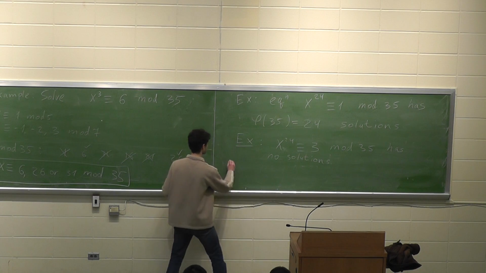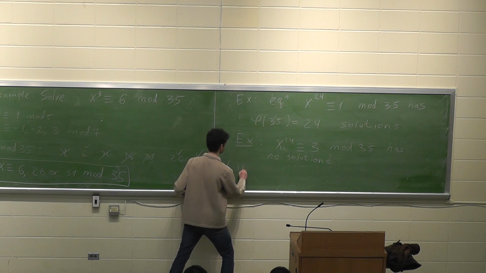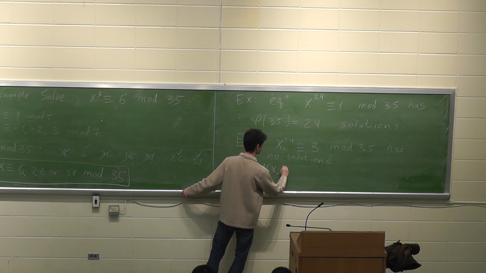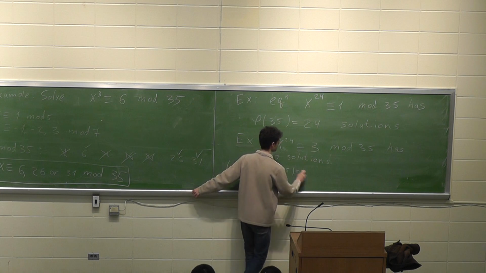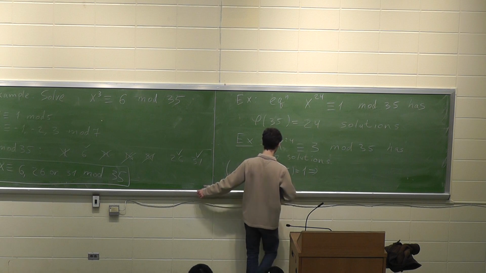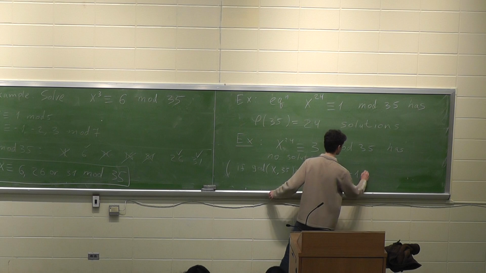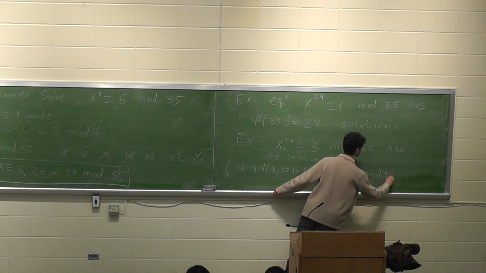So, explanation: if GCD of x and 35 is equal to 1, then x to the power 24 is congruent to 1 modulo 35.